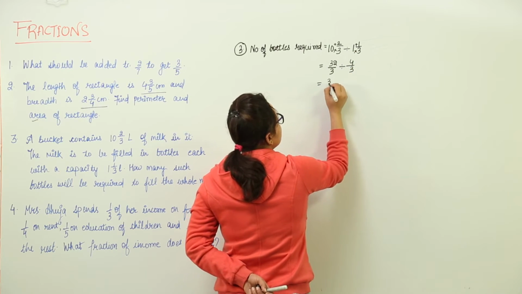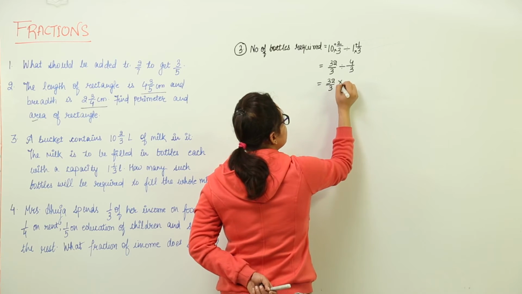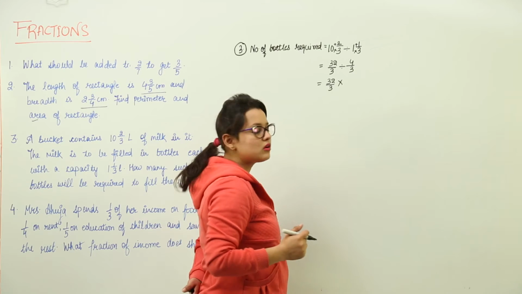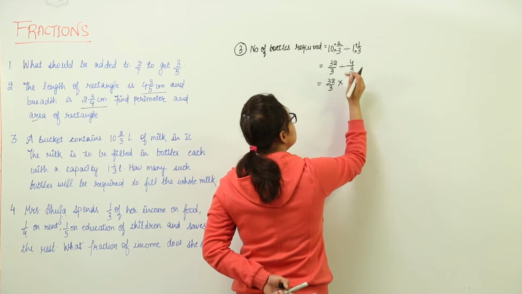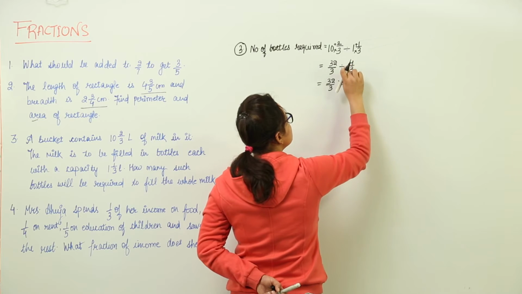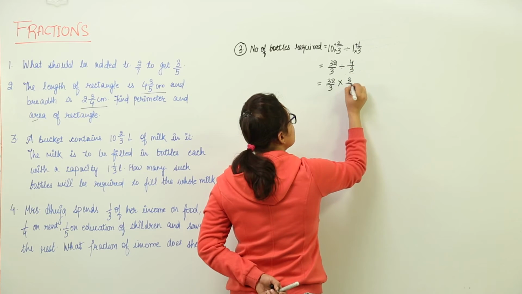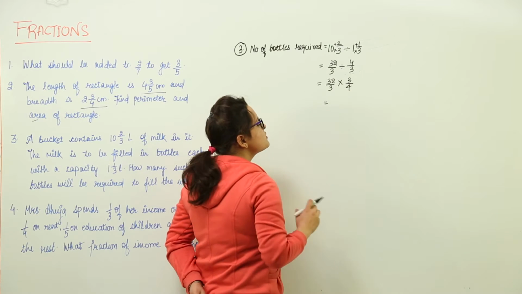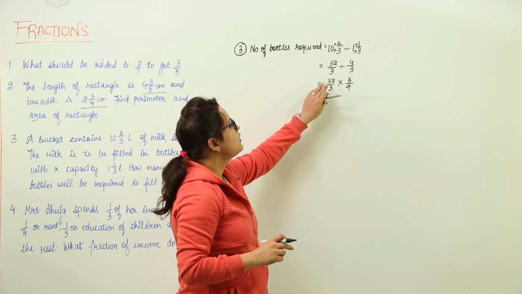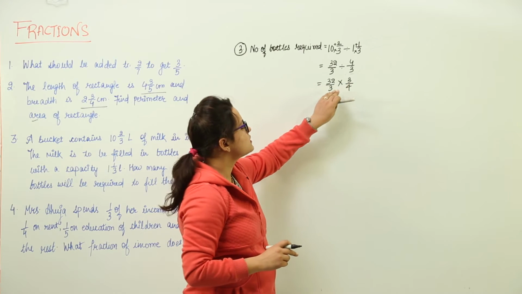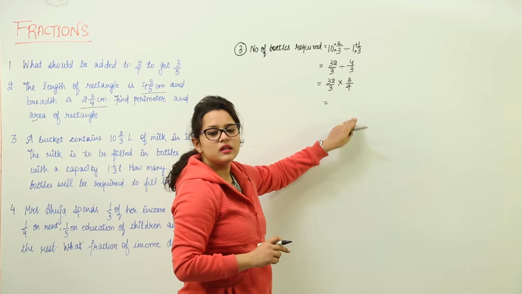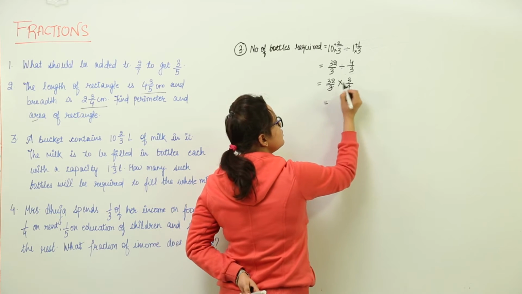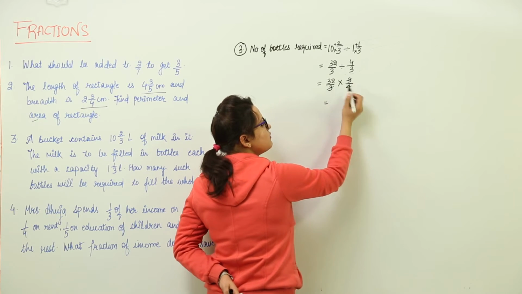Now we do the multiplication, because the division has to be converted into multiplication to be solved further, and the next value is to be reciprocated. So on reciprocating this value we get 3 upon 4. Now here I tell you one more step that I have not told you up till now. You can multiply numerator with numerator and denominator with denominator, taking out the common factors and solve further. Or you can directly cut the numerator with the denominator if they have any factor common.